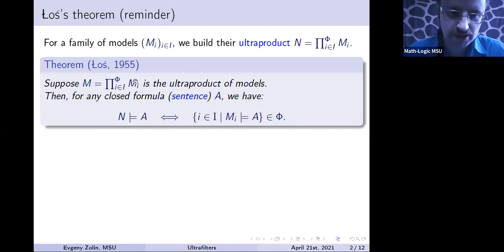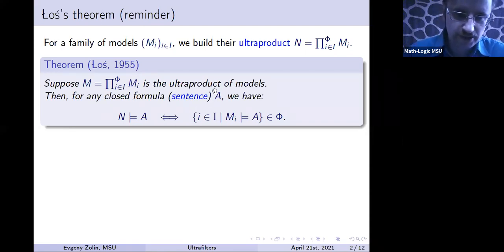It will be a fixed signature. All models are over this signature sigma, and all formulas are over this signature sigma. So I will not mention sigma later, it is fixed for the whole lecture.